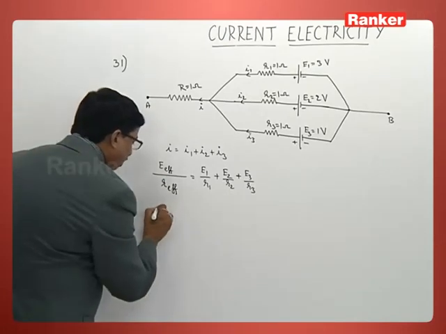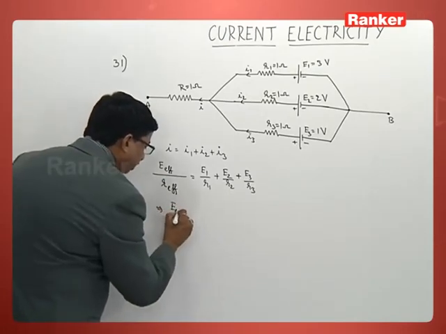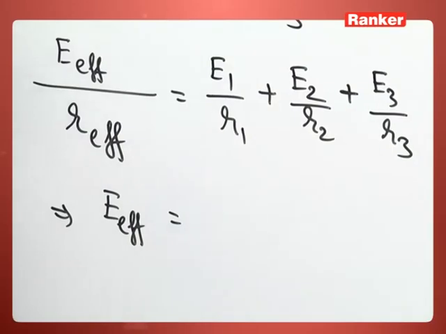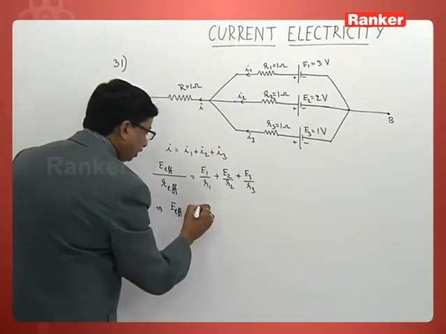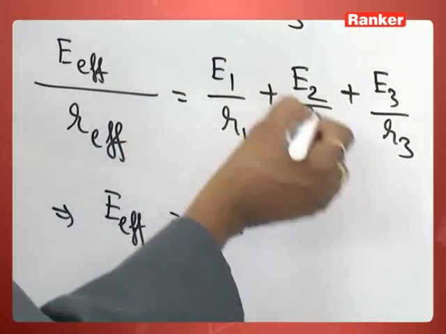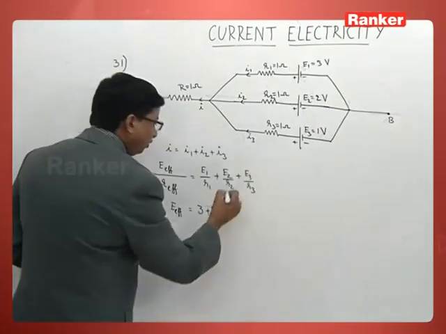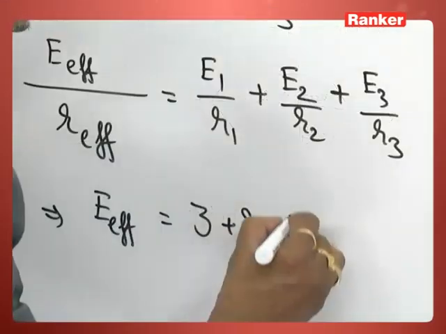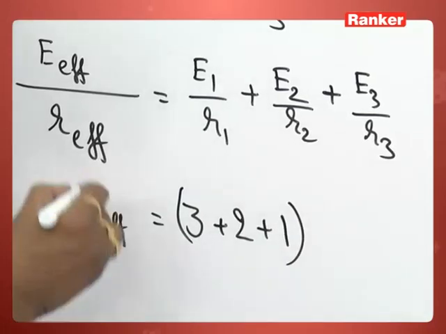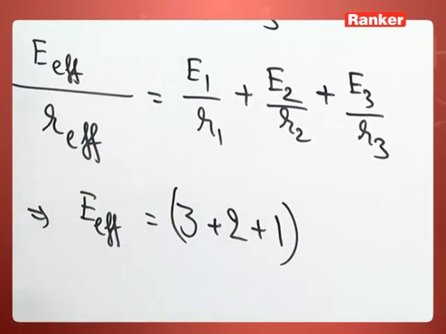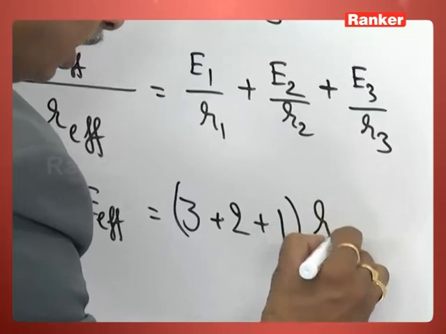You can now understand from this what will be the effective EMF. E1 by R1, that is 3, E2 by R2, that is 2, E3 by R3, that is 1, into R effective. What is this R effective value?